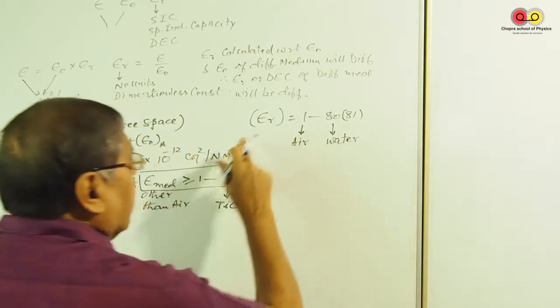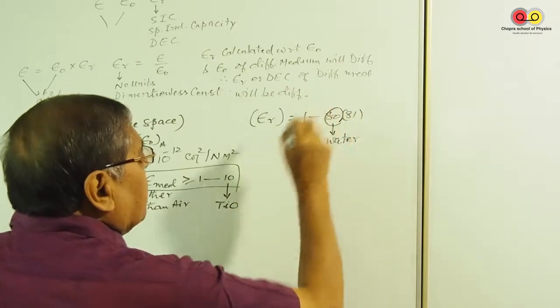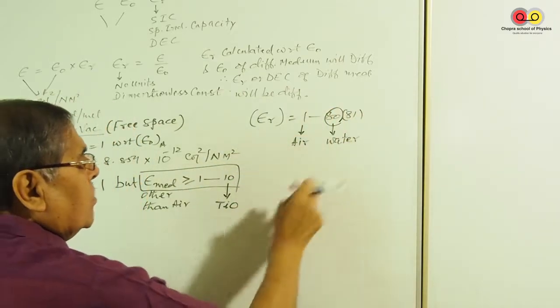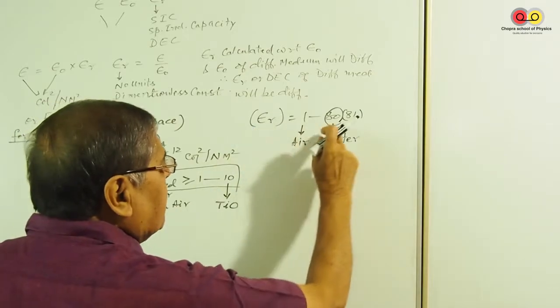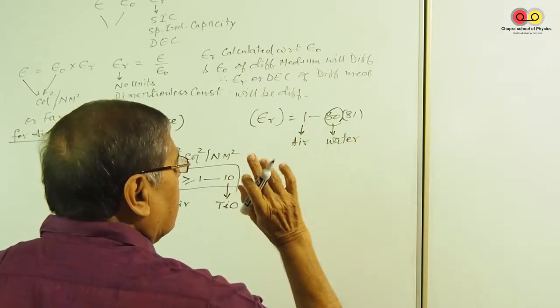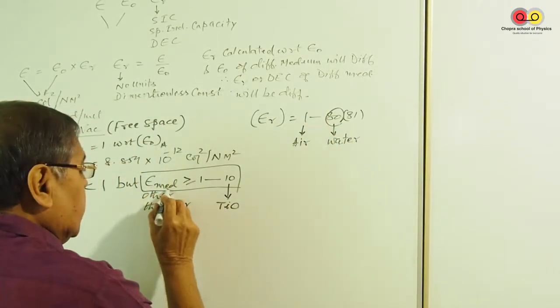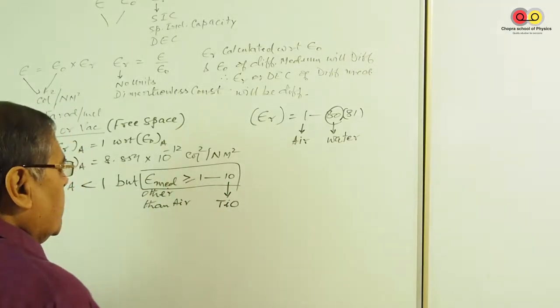So dielectric maximum is 80. There is no medium whose dielectric is ever greater than 80. That is only for water. So range of dielectrics is 1 to 80. Range of permittivities is 1 to 10.